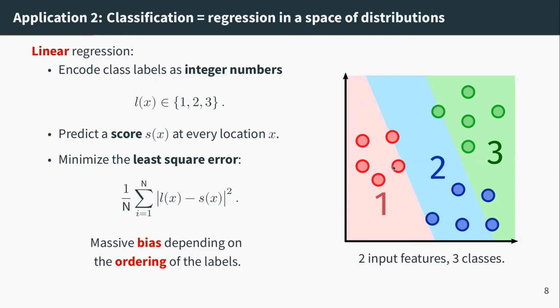Here, I'm just displaying the set of points x such that S of x is smaller than 1.5. Then there's going to be a kind of band in feature space where the label is between 1.5 and 2.5. And then above, here, the predicted label is going to be larger than 2.5, and so it corresponds more to class 3.